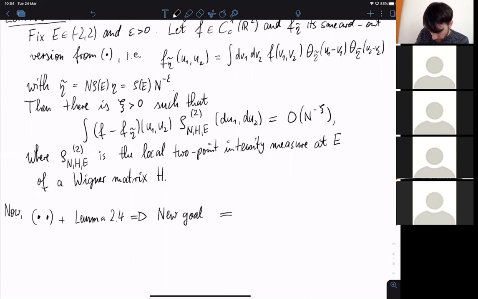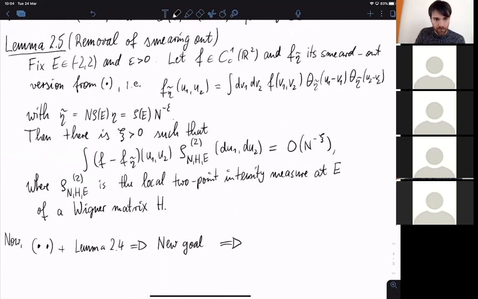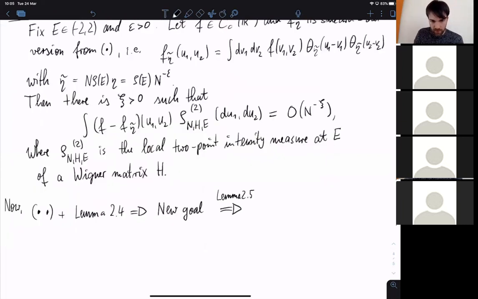And then we can use lemma 2.5 to replace the f eta tilde again back by an f. So the new goal, when I apply lemma 2.5 to this, implies theorem 2.2.